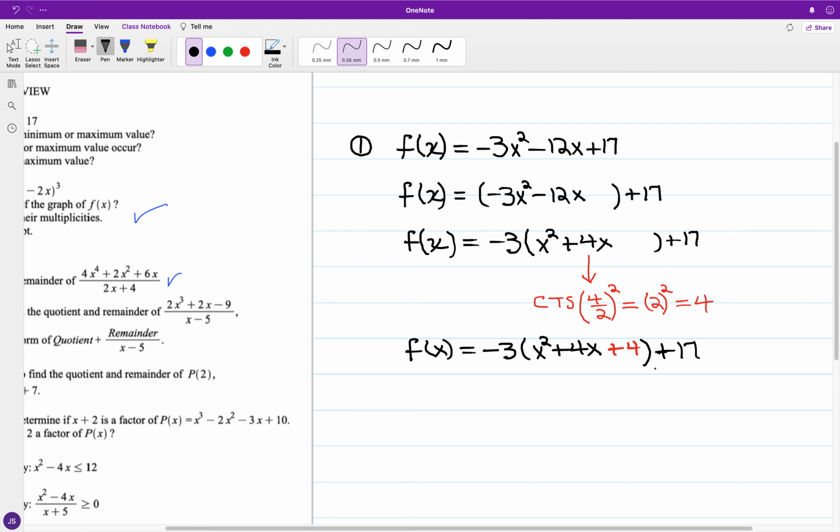So by adding 4 inside the parentheses, what I am doing in effect in the overall picture is going to amount to subtracting 12 at the front. So by having created this deficit at the front, I'm going to override this by adding 12.